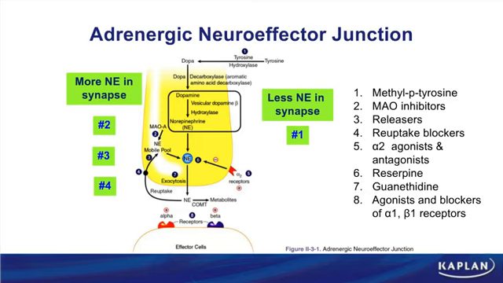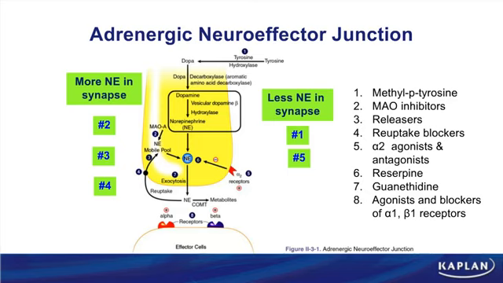The second mechanism, shown by number 5, would be alpha-2 agonists and antagonists. If you used an alpha-2 agonist, drugs like clonidine or methyl-dopa, those drugs would stimulate alpha-2 receptors. They would enhance the negative feedback mechanism of that receptor and cause the inhibition of norepinephrine release.